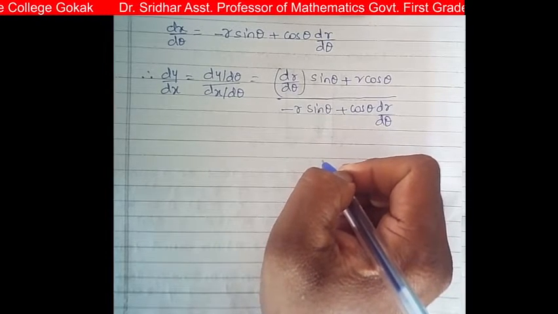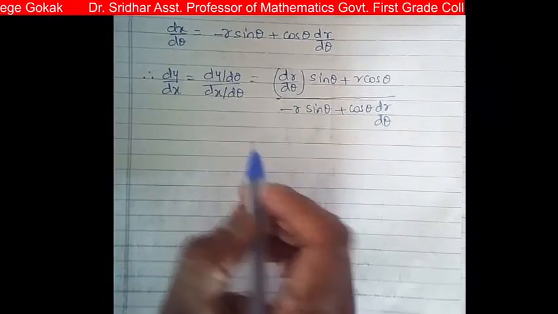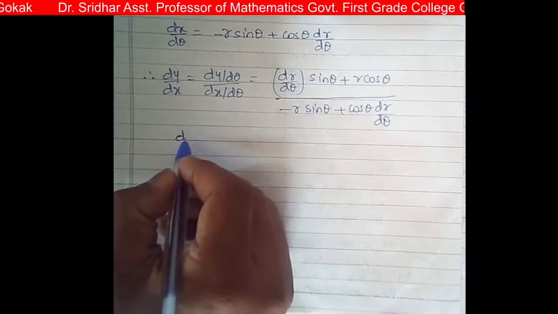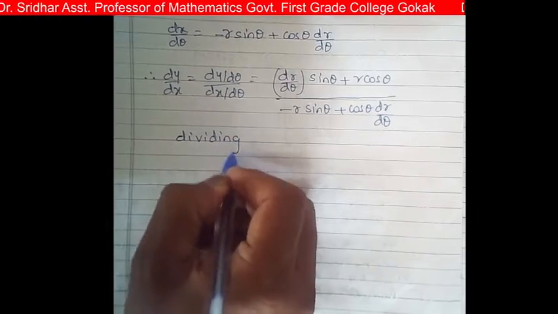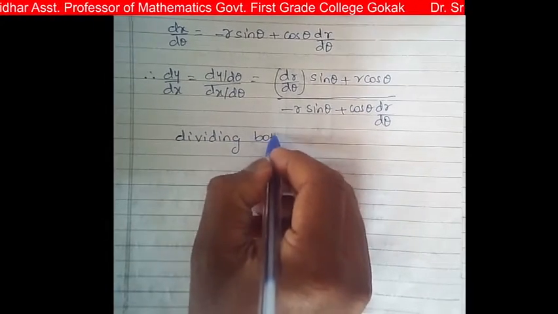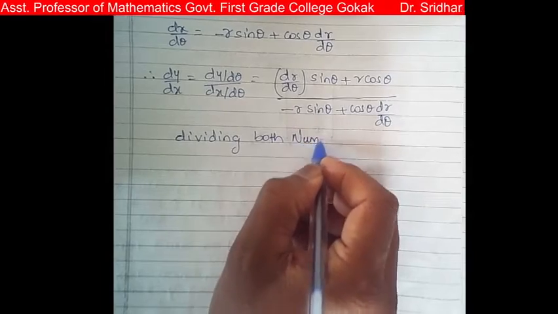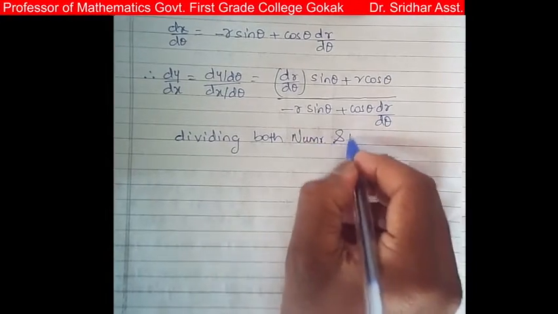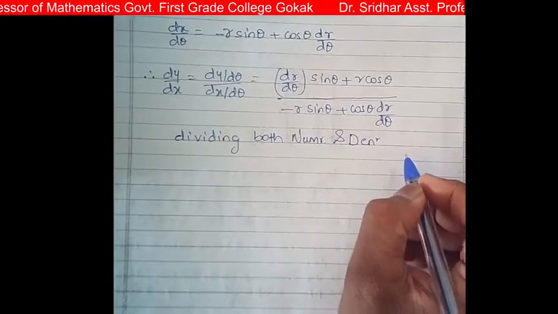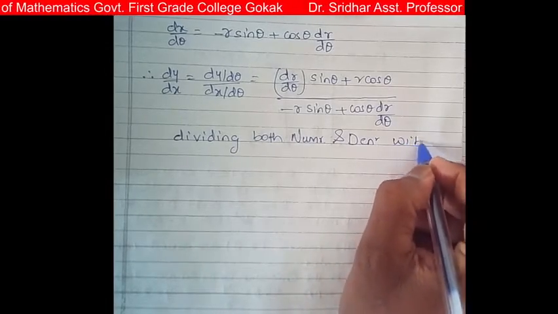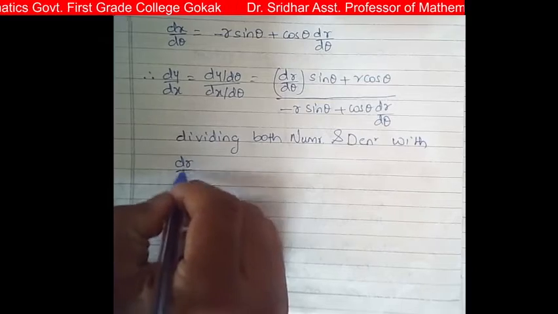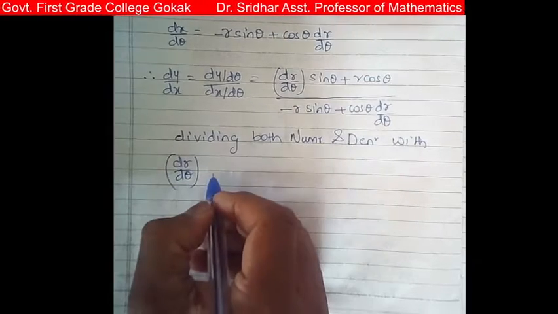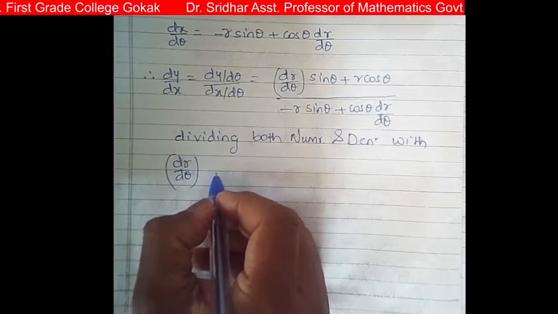Next, divide both numerator and denominator by dr by d theta into cos theta.